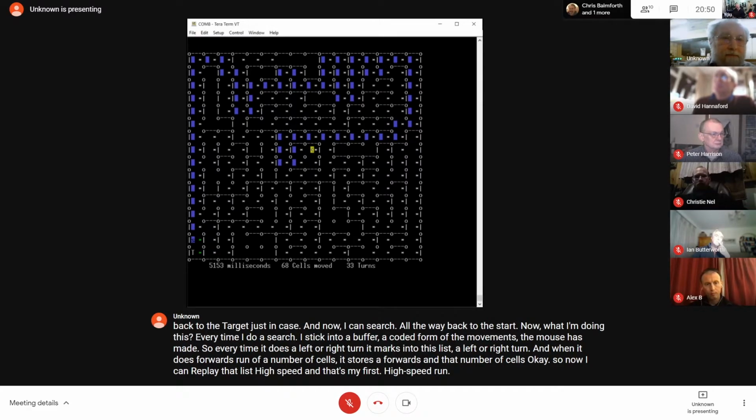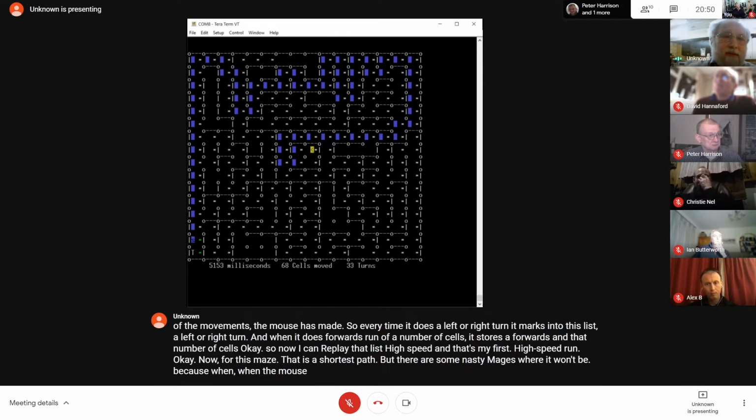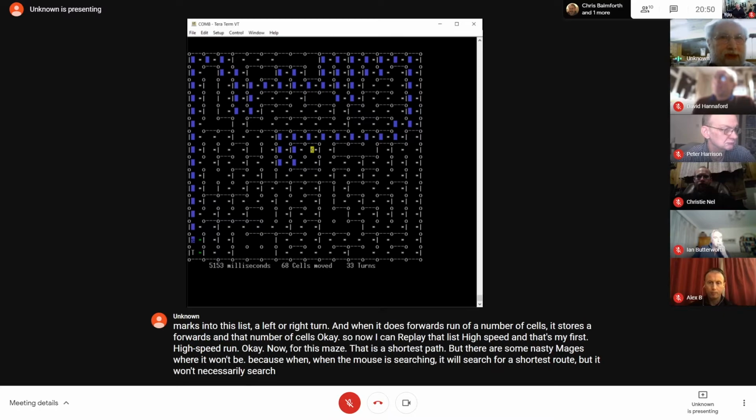Now for this maze, that is a shortest path. But there are some nasty mazes where it won't be. Because when the mouse is searching, it will search for a shortest route, but it won't necessarily search on the cells that it has been to.